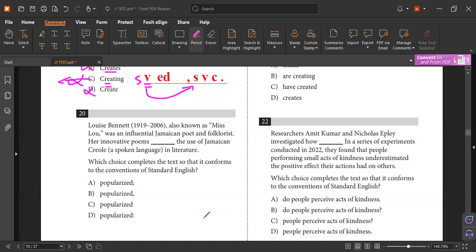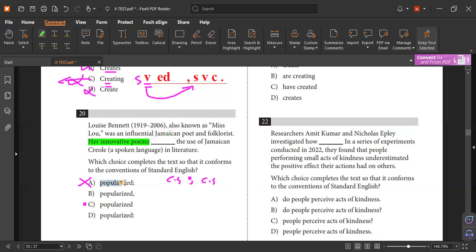I think C. You think it's C, but why not A? Why is A wrong? Follow the rules. What is the rule? Semicolon: before and after it must be a complete sentence. Let's check what is before.